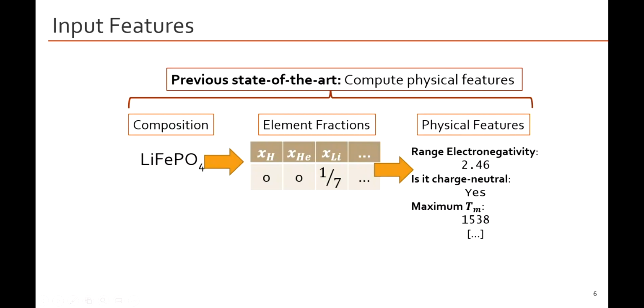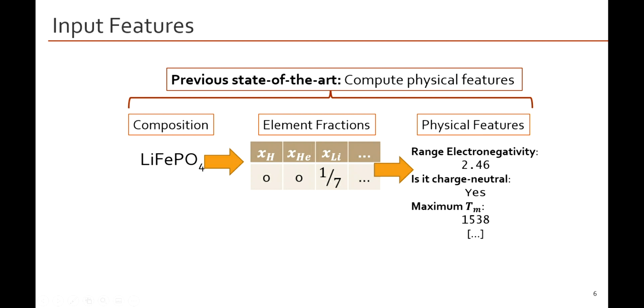Once we had this data, we broke from our conventional machine learning approach, which we're going to learn about in our next lecture, of taking the composition of a material, converting it to element fractions, and then extracting from those fractions some features which describe the underlying physics of the problem. And we know that electronegativity has a lot to do with the stability of a material and whether it's charge balanced or not.